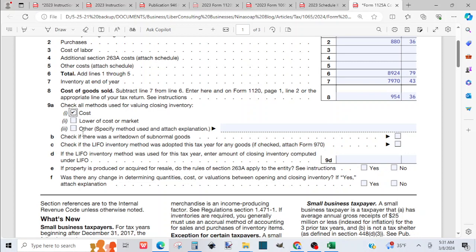So check all that qualify. So we'll check that cost, and B, is there any writedown of subnormal goods? It's good to check yes if you are keeping track of your inventory, and if the LIFO inventory method was used, and we didn't use it, so we leave it alone. Pretty much that means last in first out. It's good to use FIFO, first in first out.